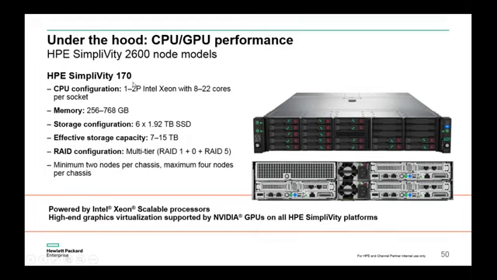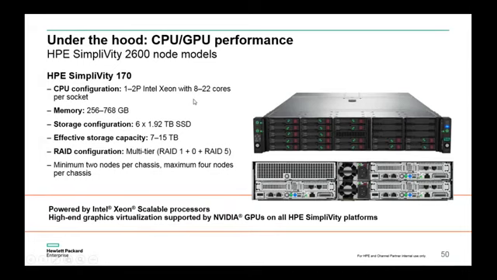This is a ProLiant DL server with a CPU configuration of 1 to 2 Intel Xeon processors with 8 to 32 cores per socket. It means whatever CPUs are available in the market today from Intel are supported by SimpliVity 170 servers for VDI.